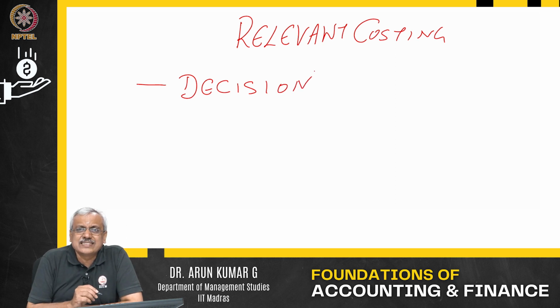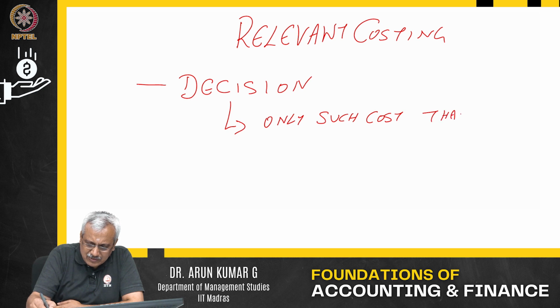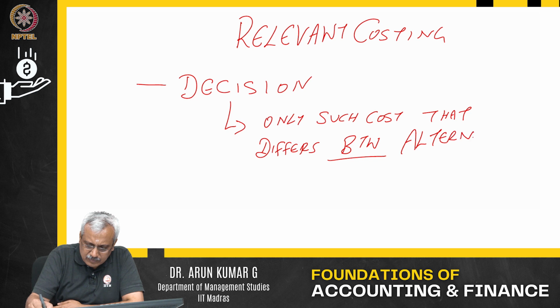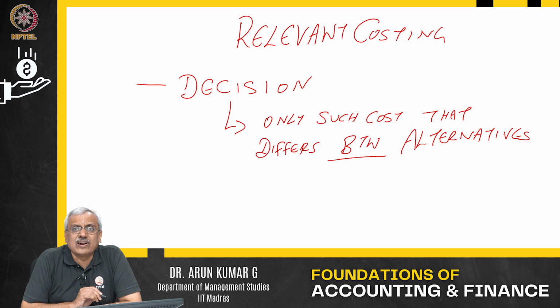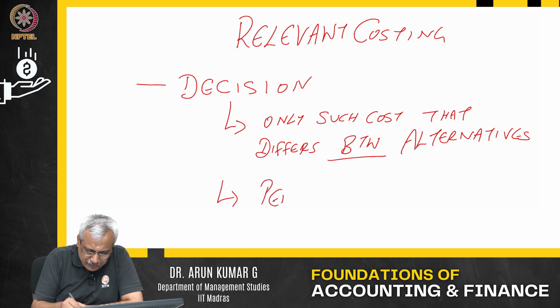When I am looking at a decision, I will have to consider only such cost that differs between alternatives. That differs between alternatives out there. Now because I am making a decision, the second thing is, it has to pertain to the future.